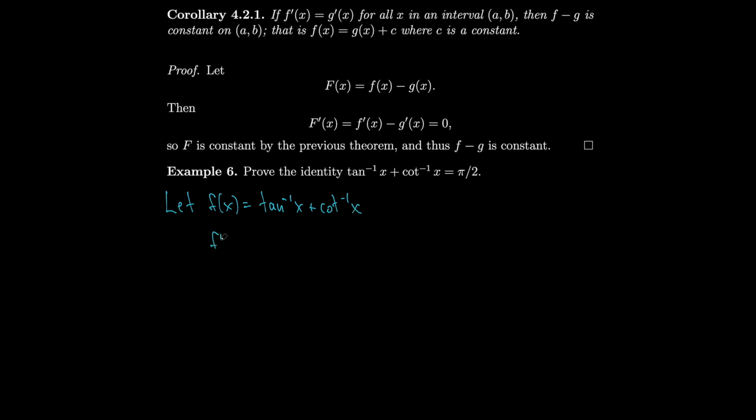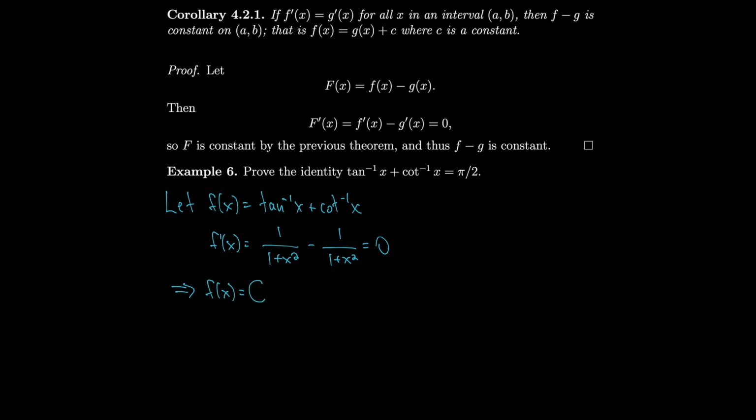Okay, so then the derivative we know is 1 over 1 plus x squared for tangent, and minus 1 over 1 plus x squared for cotangent. So that's 0. So the derivative is 0. That implies that f is constant. So f is some constant, let's say big C.